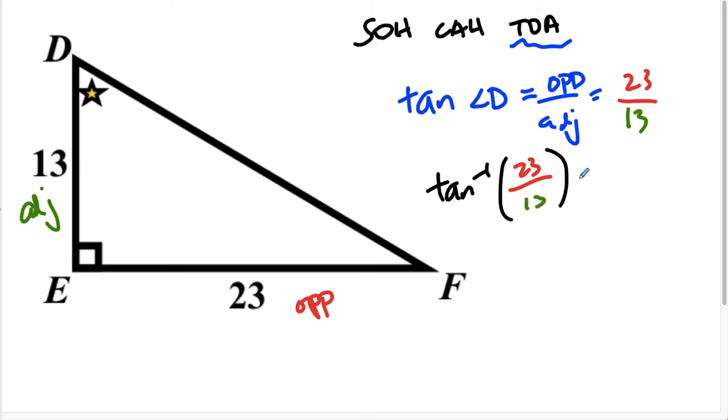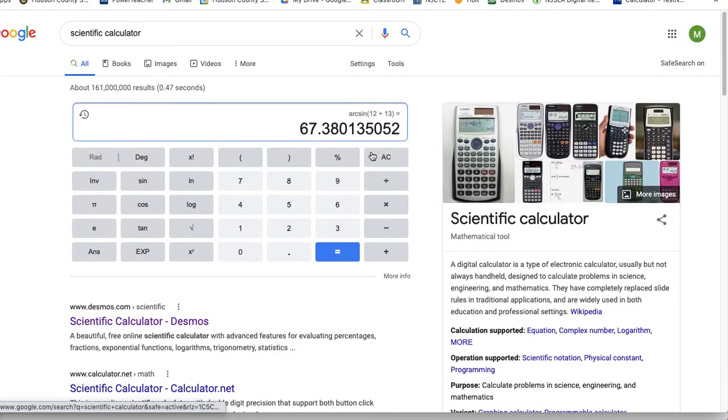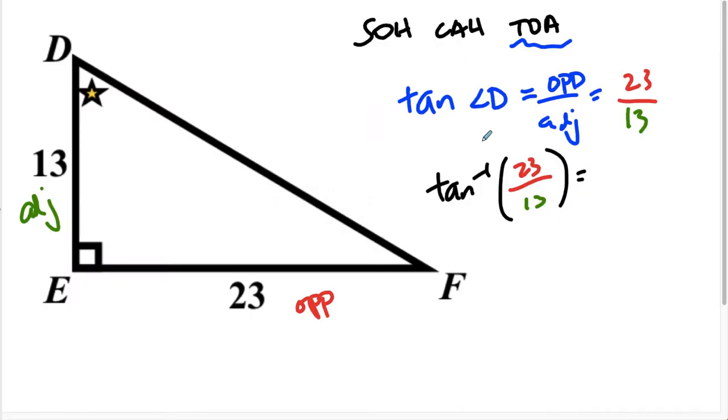So let's go to the calculator and do inverse tangent of 23 over 13, and press enter. Our angle D is 60.52 degrees.